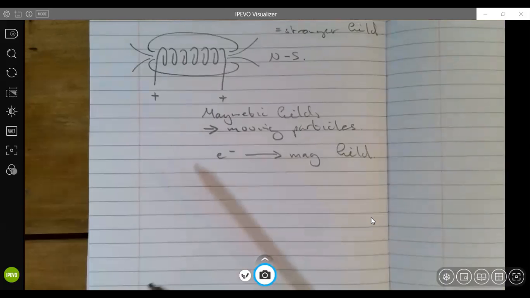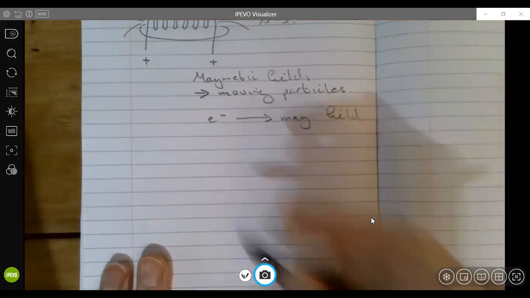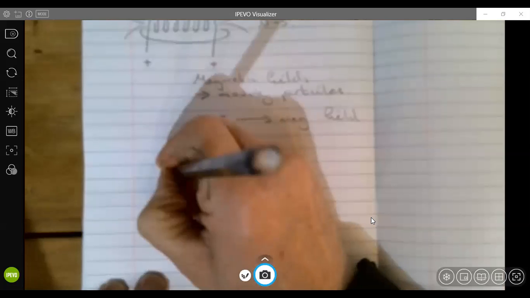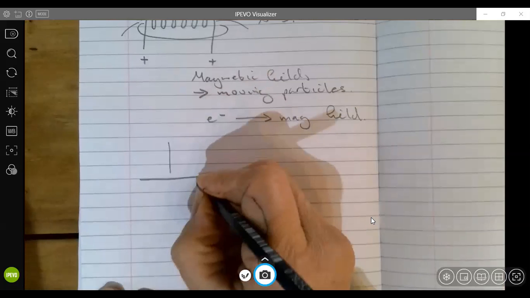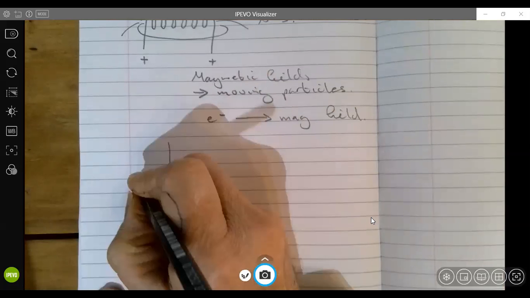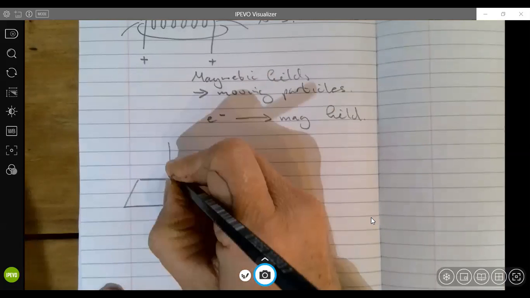Now, this work was then taken on by James Maxwell Clark, who took it a step further. And he did some work based around the direction of the magnetic field around a wire that carried a current.